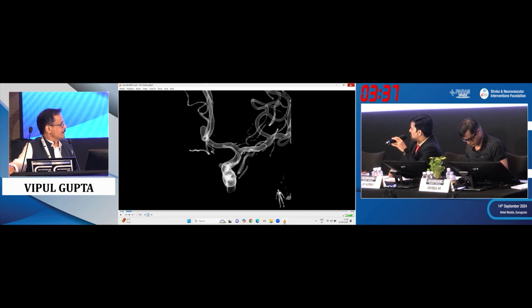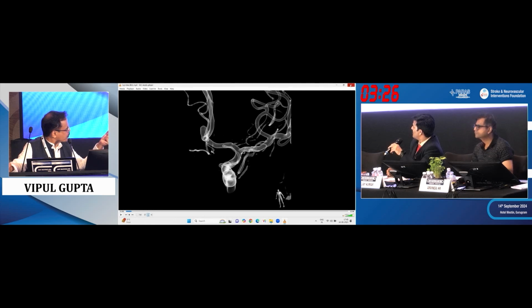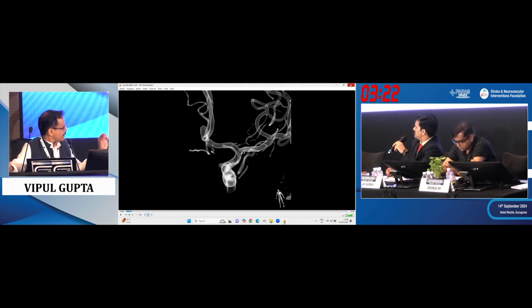I used to use that, but a long time back it happened that one of the coils was detached, but the detachment still stuck to the micro. The pusher wire is thin, it still cleared the tip, but the coil detachment was still stuck with the micro and it came out. So we started using a thicker wire for this purpose. So you are right, that's one of the ways to do it.